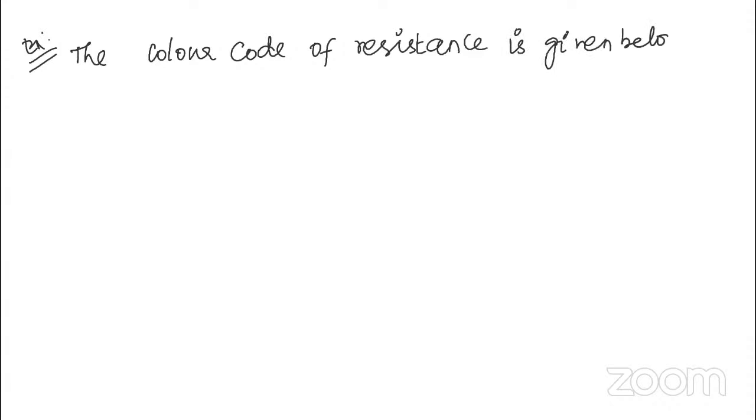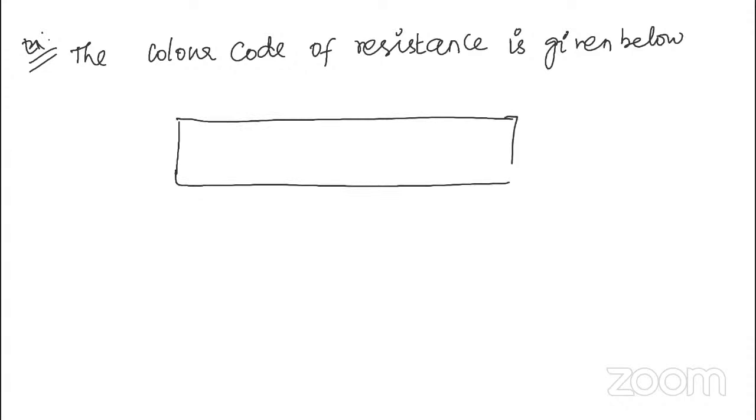So we have to choose which one it is. First we have to take the resistor values. So here one color, and here it is the second color, and here it is the third color, and here it is the fourth color. Okay, 4 colors they are providing.